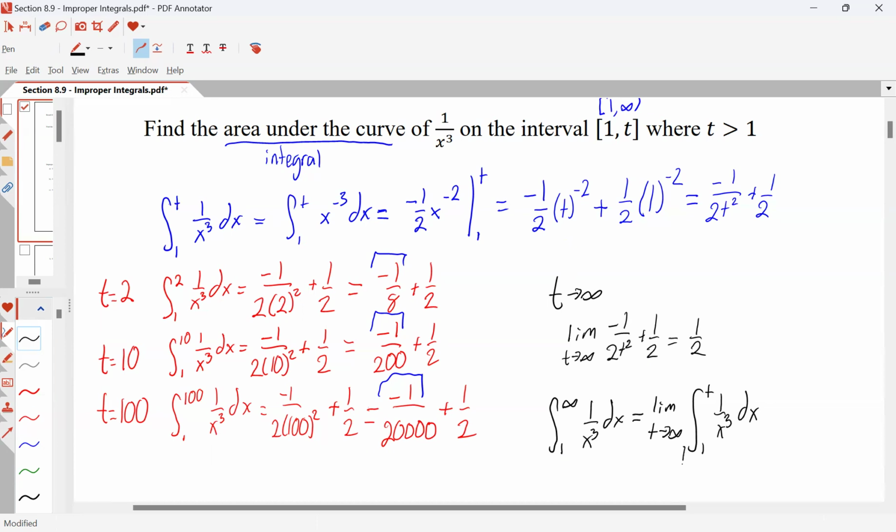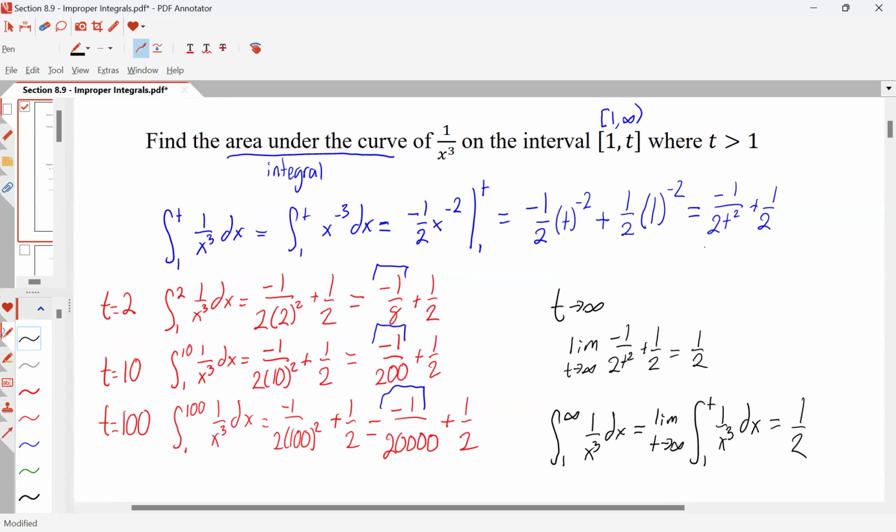I was able to find this part to be the expression negative 1 over 2t squared plus 1/2, and the limit as t goes to infinity of that equals 1/2. Meaning the area under the curve of 1 over x cubed from 1 to infinity is 1/2.